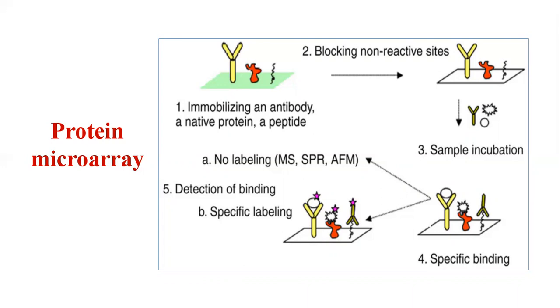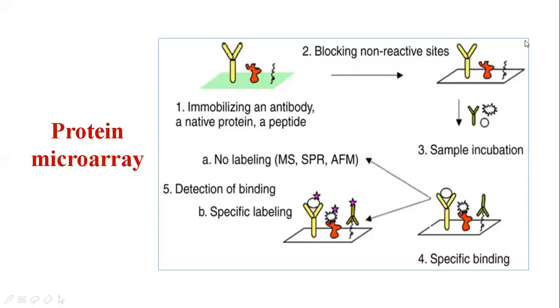After incubation, you can see specific binding. And this specific binding can be determined using some tools, that may be mass spectrometry, surface plasmon resonance spectra, or atomic force microscopy.